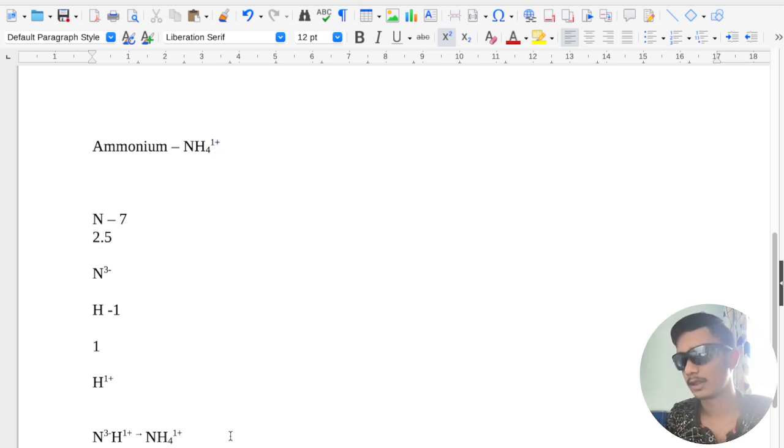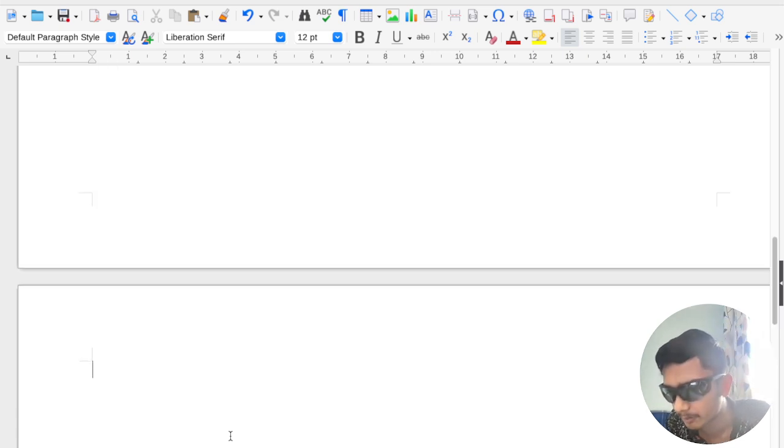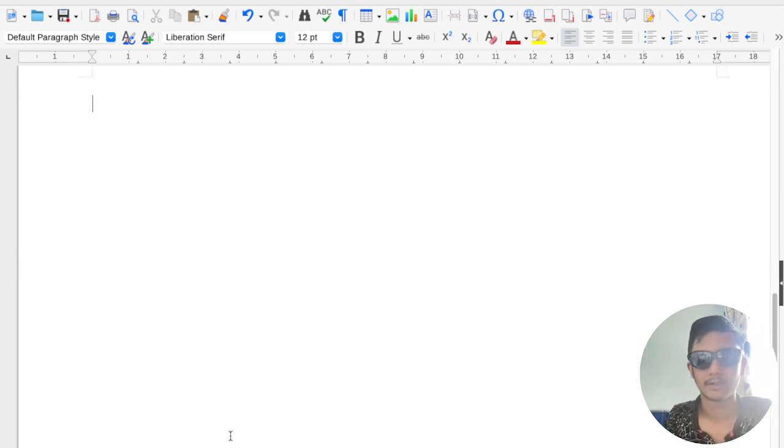So again, these could be drawn in dot and cross diagrams, right? For example, let me go for one more example. We're going to run out of page here. Okay, new page. Fresh start.